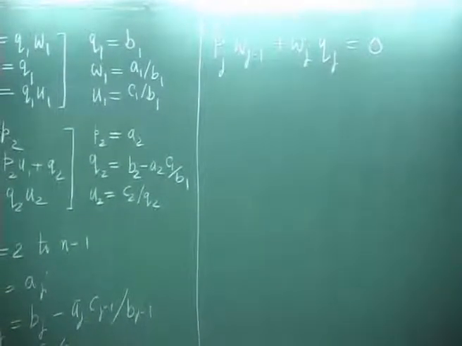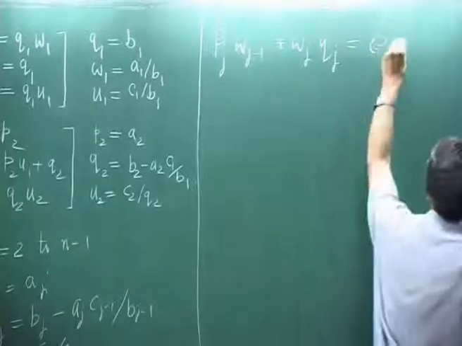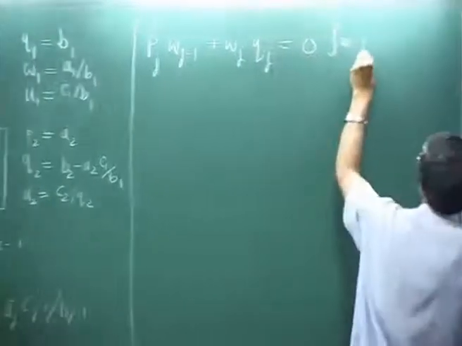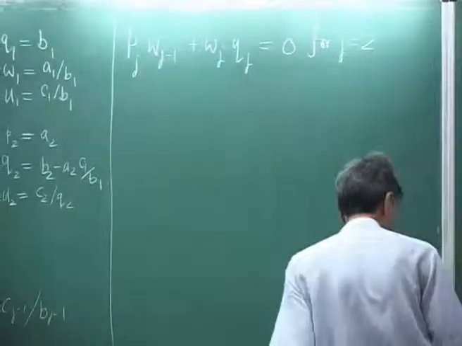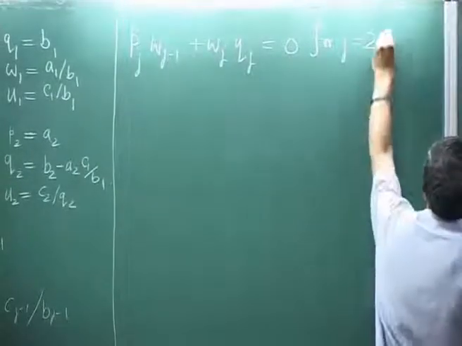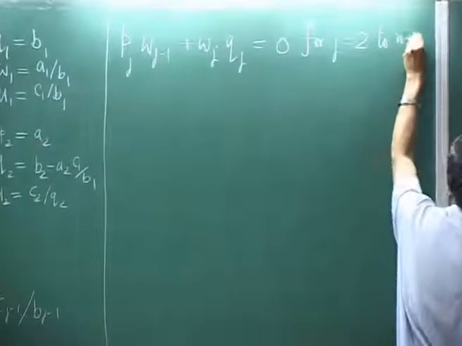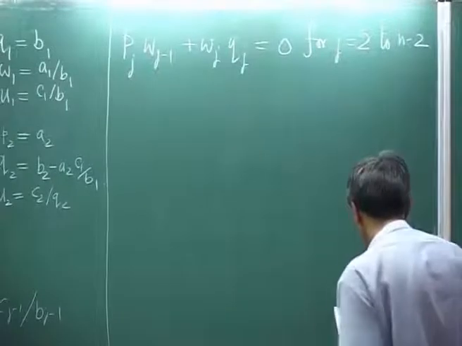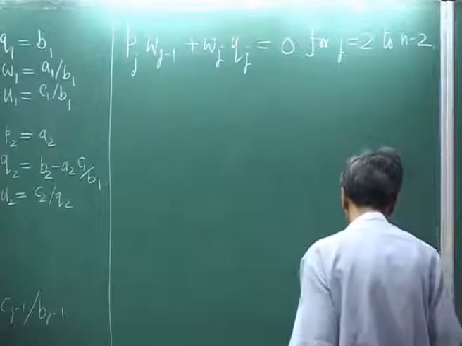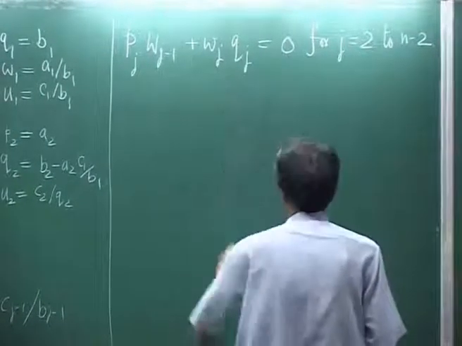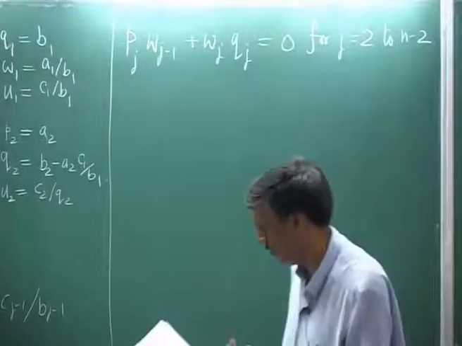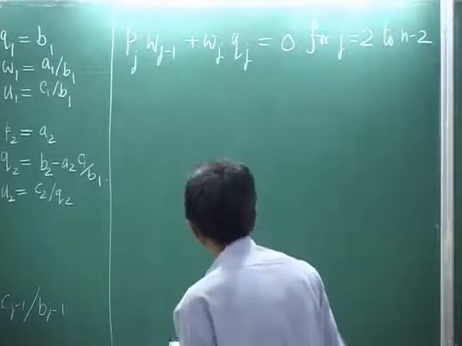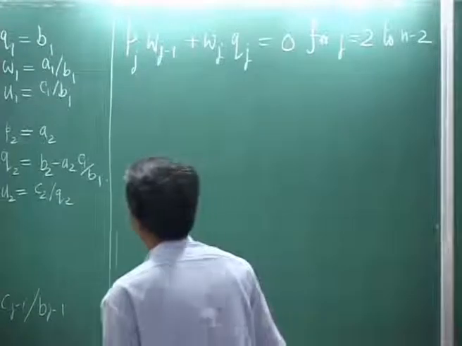And you can do it for j equal to 2 to n minus 2, and what you notice is that you have the starting value, because W 1 is obtained here.